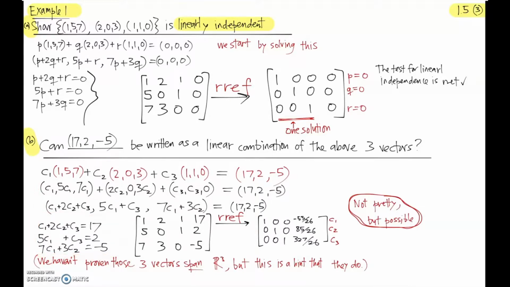We did that, and it was possible. We found three constants that we could multiply by this set and add them together and get this vector. So we didn't prove that those three vectors span R3, but this is a hint that they do, that we really could put any vector in R3 in this position and construct them.